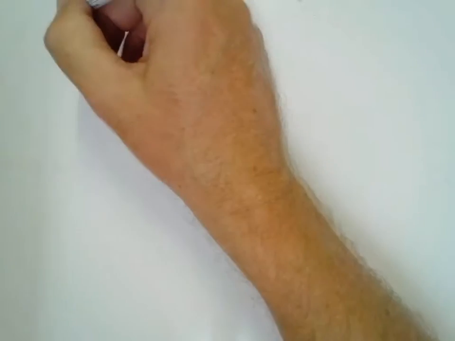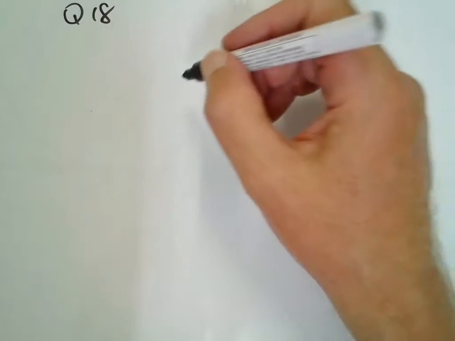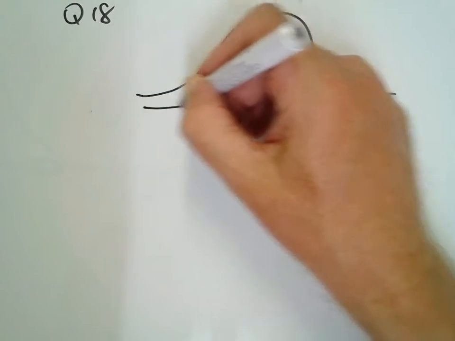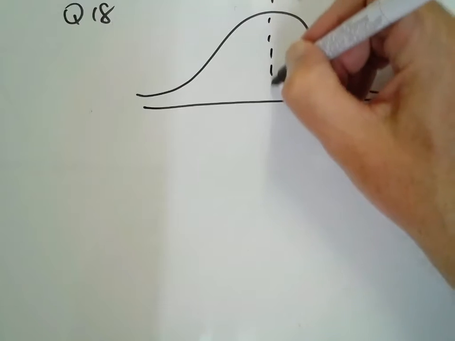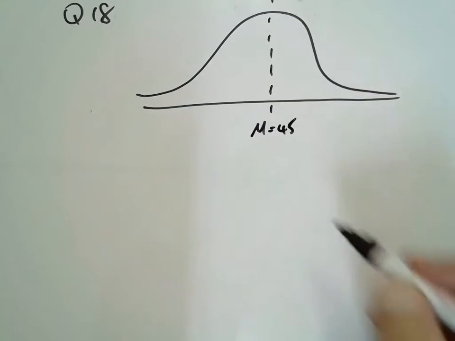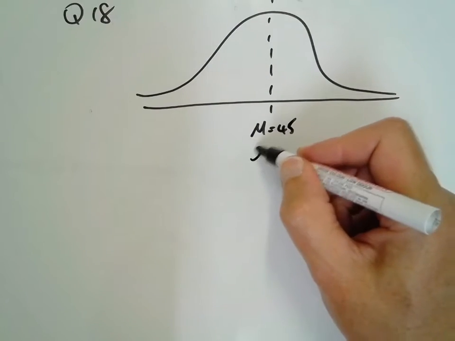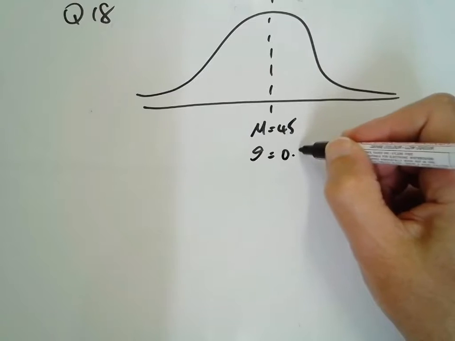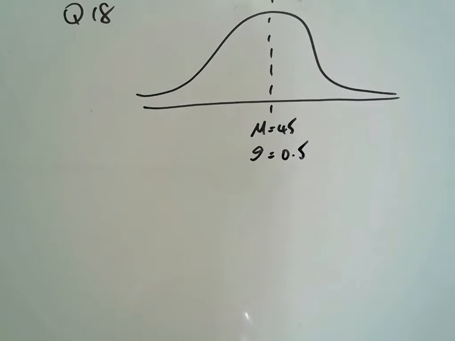We're going to look at question 18. It is talking about the nails. That's the nail question. Okay. So it tells us that the average nail has a length of 45. It also tells us that the standard deviation of the length, because they're not all perfect, is 0.5 millimetre.